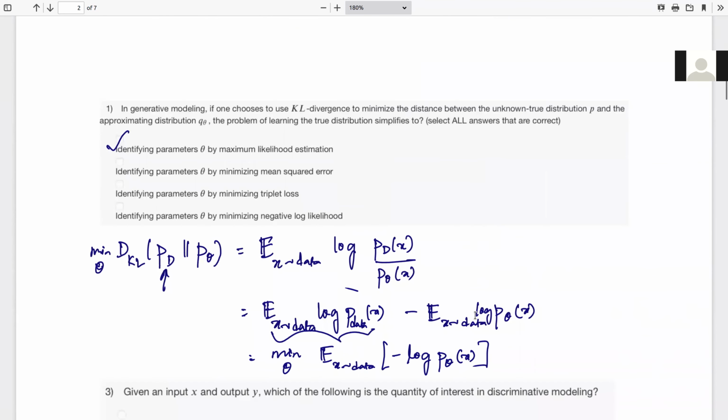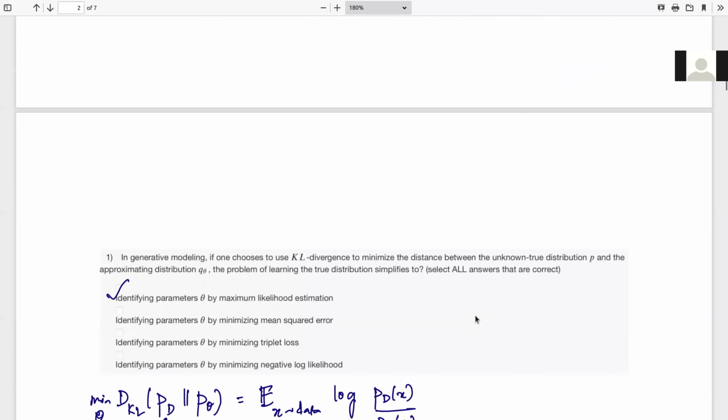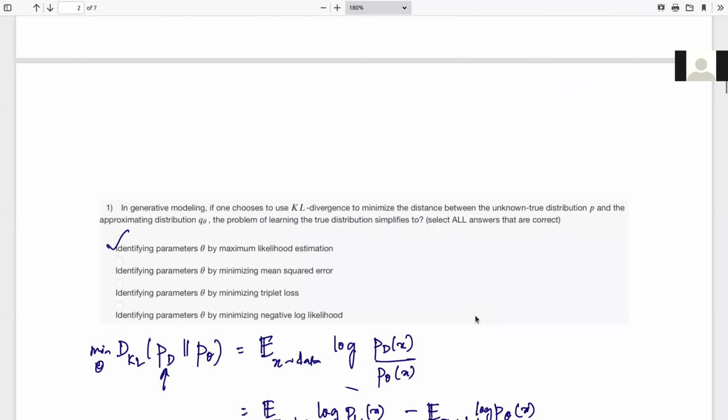Since we just talked about generative and discriminative models, here's a simple question. In generative modeling, we generally try to minimize the distance between two distributions. The two distributions are the true distribution and the distribution we are learning, right? So how do we minimize the distance between two distributions?